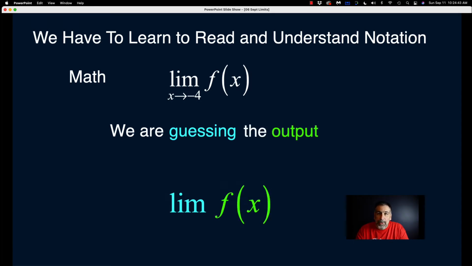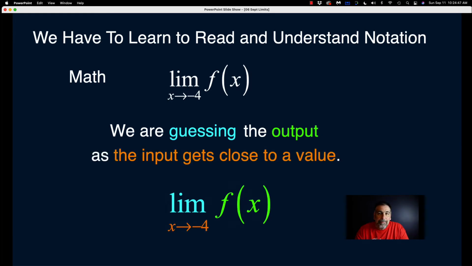F of x is always the function output, so that's what we're looking for. As the input gets closer and closer to a certain value. You can see that each of these 3 parts is vital in saying what the limit means. Whenever you're doing a limit, do not leave out any of the 3 parts. On the AP exam, that would be considered poor notation. You would be subject to losing points if you leave out any of those 3 pieces when we're talking about a limit.